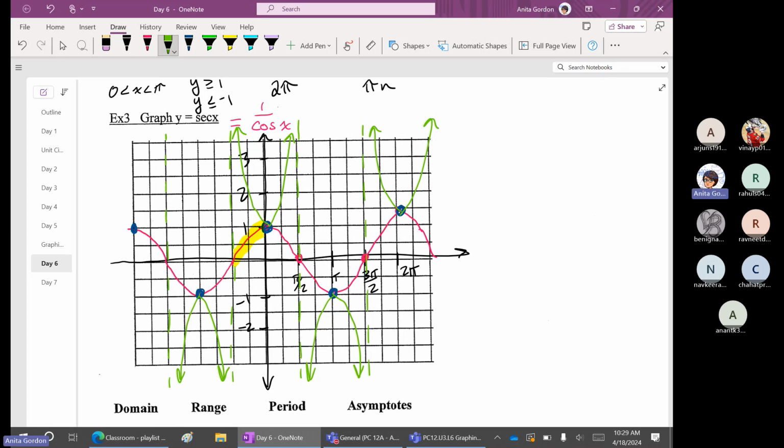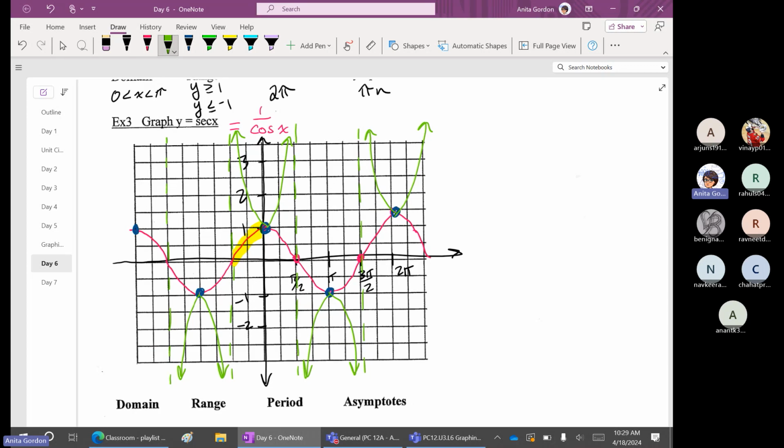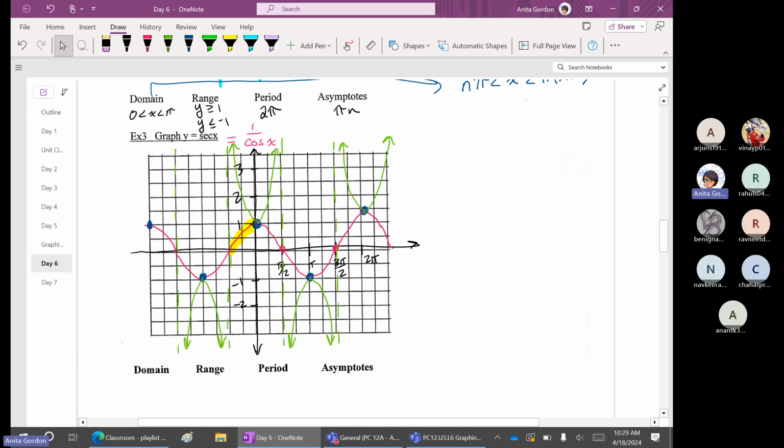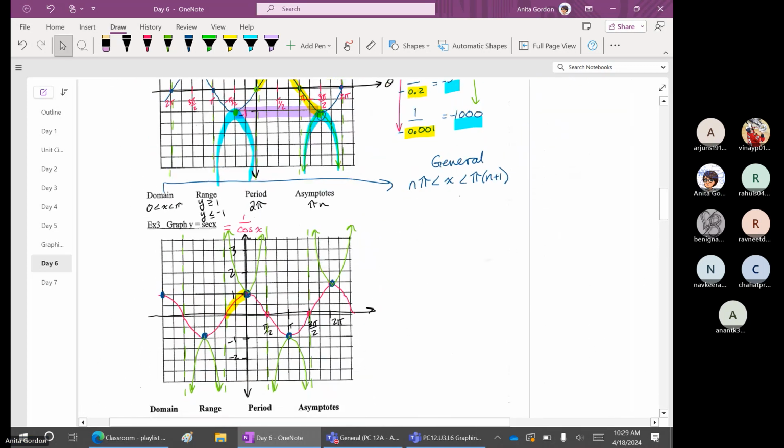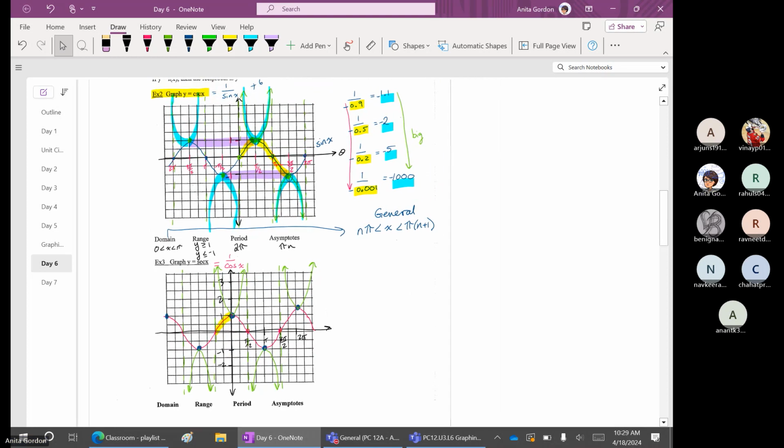What do you notice is the difference between sine, cosine, and their reciprocals? What's the only difference between the central, not quite the central axis? So the axis is 0 on the y.